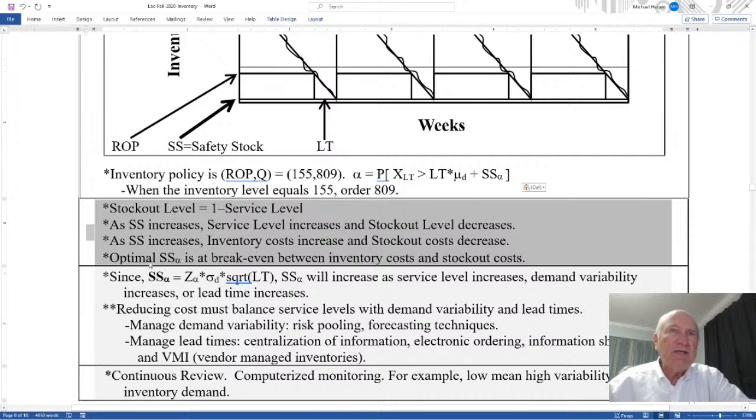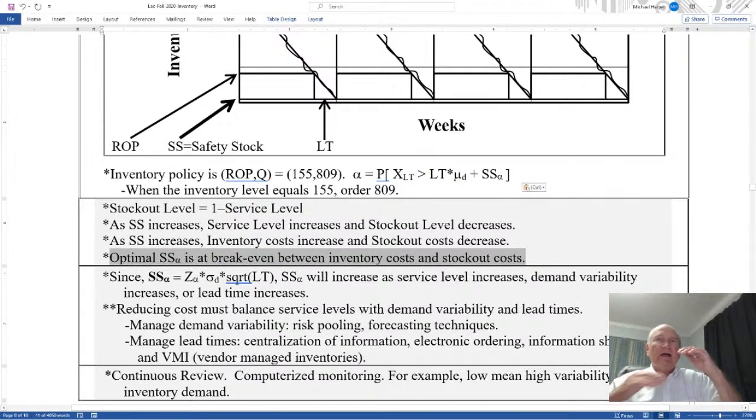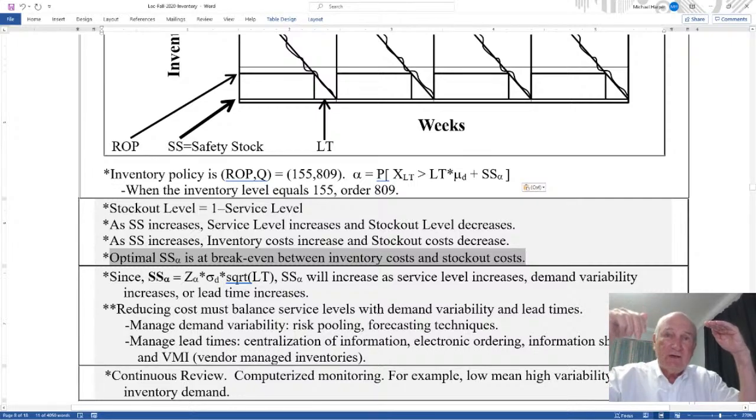Now, an optimal safety stock is at break even between the inventory cost and stock out cost. And there you go. So as the safety stock increases, you carry more inventory, the inventory cost goes up, but the stock out costs go down. The break even is the optimal safety stock.